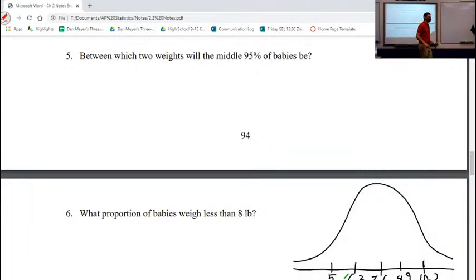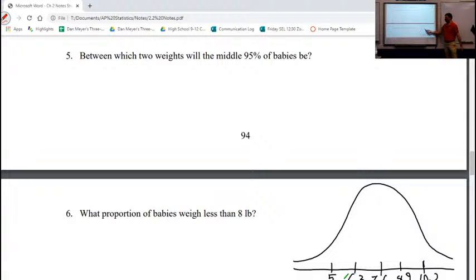So one of the things you should do on these problems is to draw a picture, because a picture is going to help you get a visual of how much area there is. So, for example, if I centered it at the mean and shaded the area to the left, how much should that area be? If I go to the left of halfway across, then that should be half the data, 50%. So 0.5 should be your answer, or 50%.